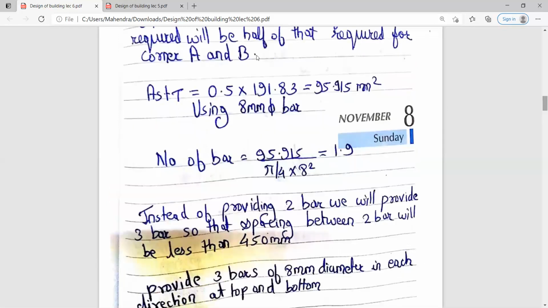If you have any query in the torsional reinforcement, you can ask. Yes, understood. Fateh, Swati, Vinay.